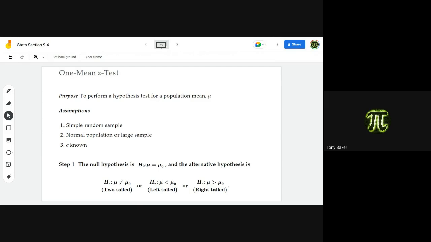That means it varies in some way, but we're not sure which direction, or we just know that this is not correct. So that would be a two-tailed test. And then it can either be less than the mean that's given, that'd be a left tail, or greater than the mean that's given, that'd be a right tail. Depending on which one we're looking at, that varies how we're going to do the actual calculation at the end and determine our hypothesis.